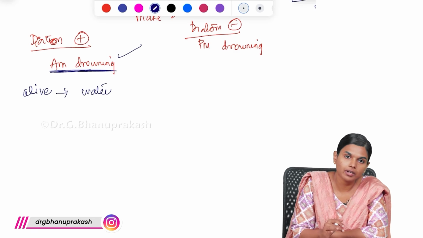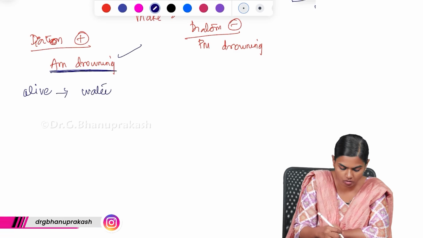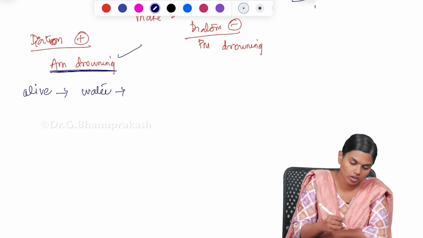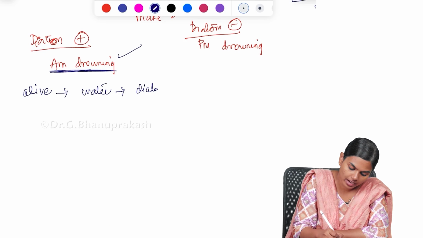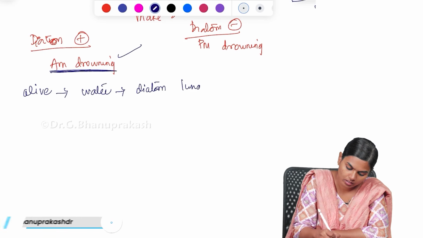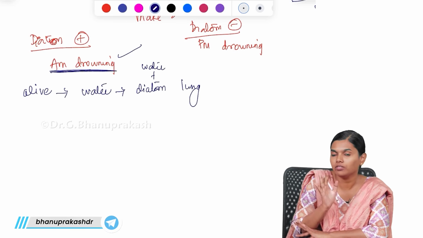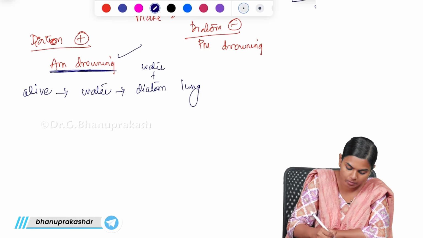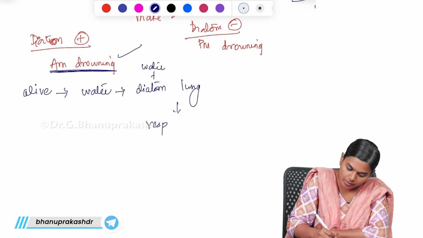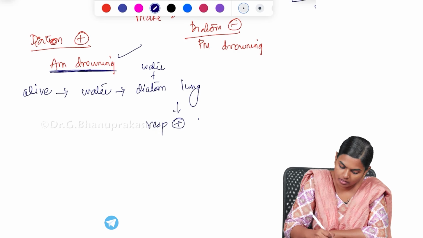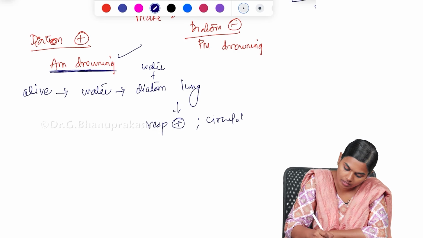So now what will happen? Because of the inhalation of water, along with the water, diatom will enter the lung. So water and diatom will enter the lung. If the person is alive, means respiration is alive, circulation is alive, right?